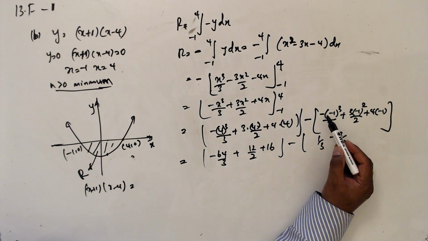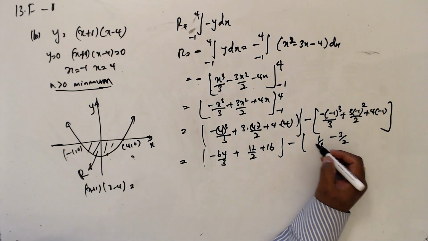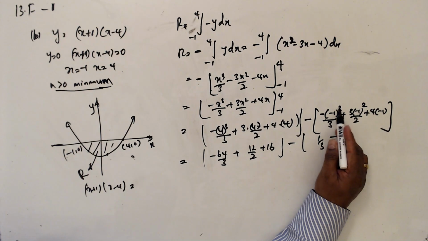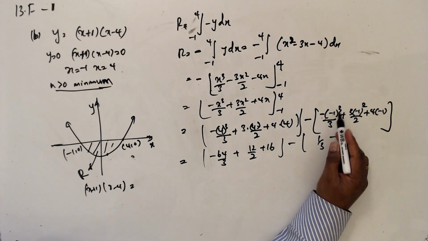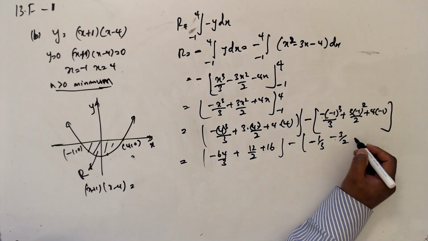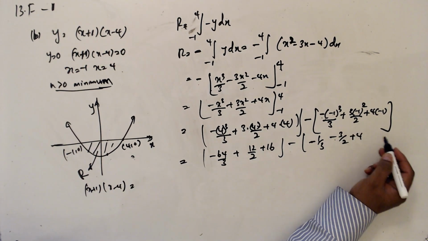Actually, this is going to be negative, because this is negative and this is negative, positive because of the odd power, and then this is negative. This is right, so this is positive 4.